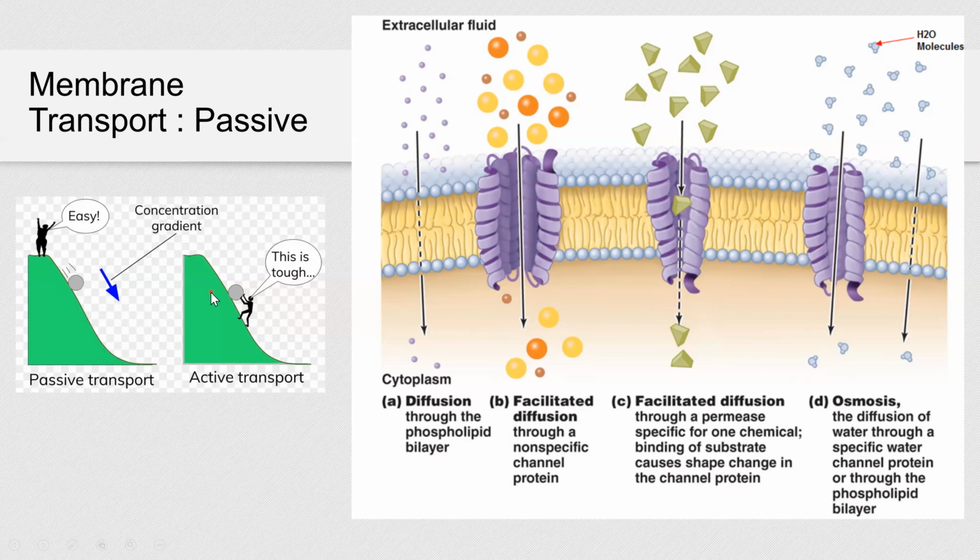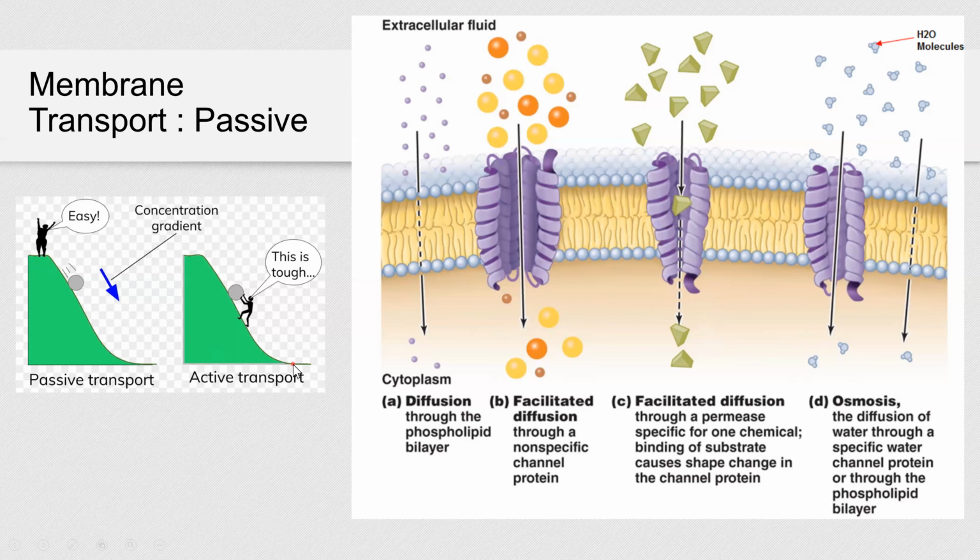Now, what this hill represents in biology is a concentration gradient. So if we have a high concentration, then substances will move down their concentration gradient without any energy from ATP. So we don't need ATP energy to do it.